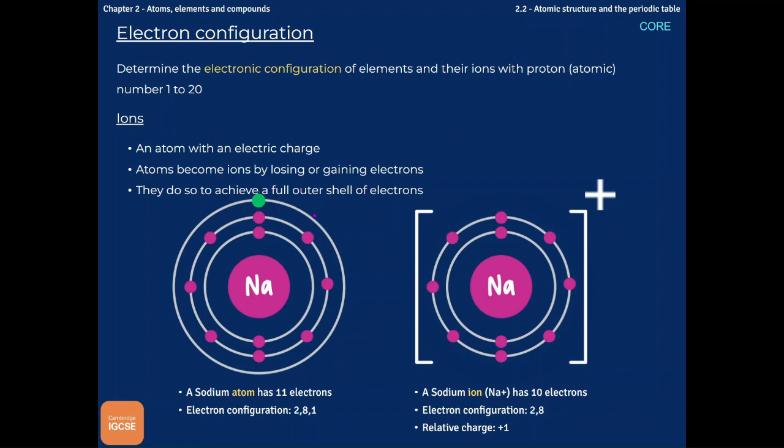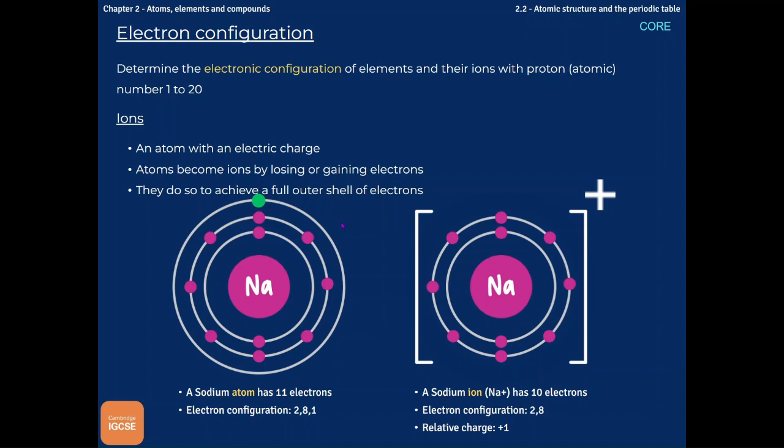So if you're wondering how something is going to ionize, is it going to take electrons? Is it going to give them away? How many? It will pretty much always follow these rules. It wants an outer shell that's full, which usually means 8 electrons. So if it only has 1 or 2 or 3, it will give those up to get an outer shell of 8.